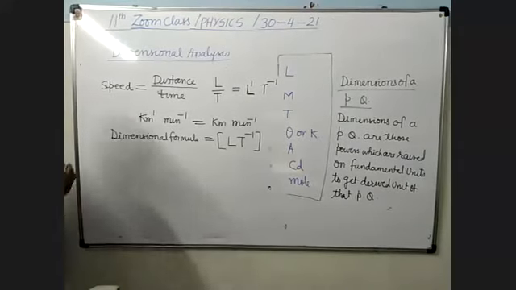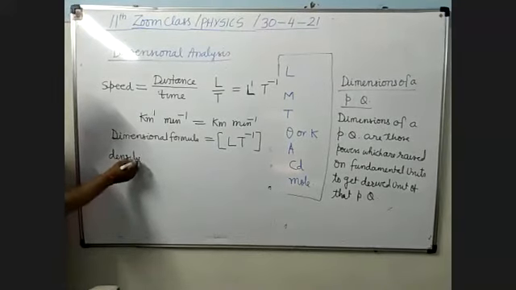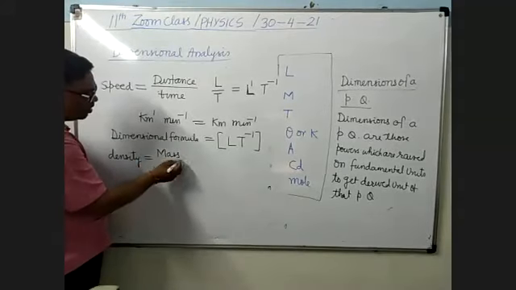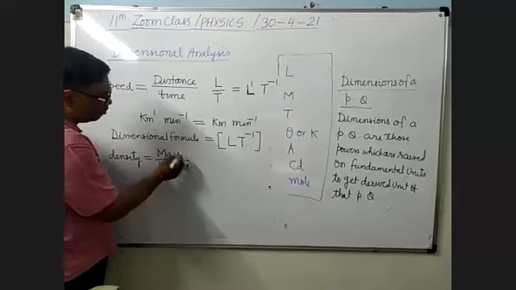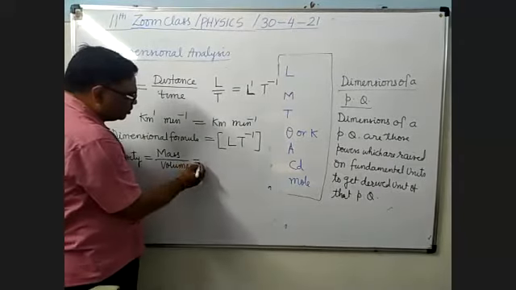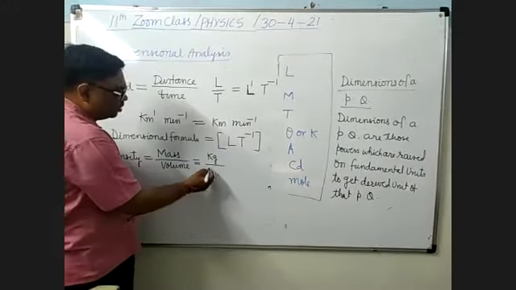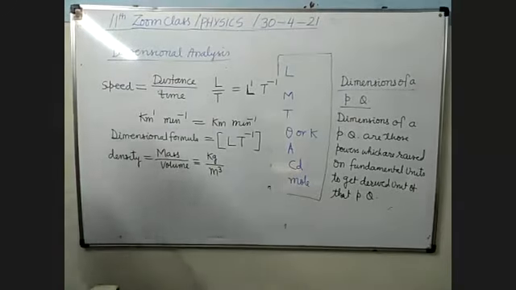For example, if you take the density, density is mass upon volume. What is the unit of mass? Kilogram. So the unit is kg per meter cube. Now all of you see here.